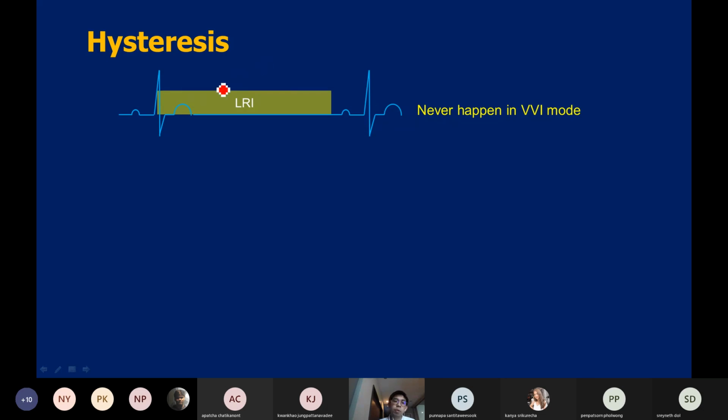We already programmed the lower rate limit here, but it did not pace. Something might be wrong, a pacemaker failure or something. Or another thing that you should think of is whether there is any special mode that could extend the time after the lower rate limit has been reached.